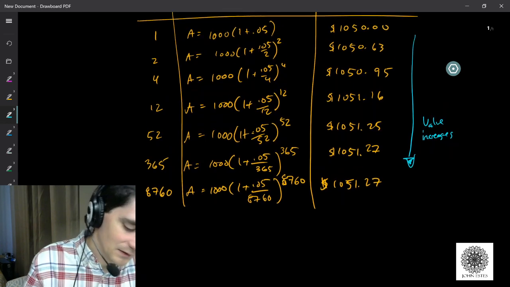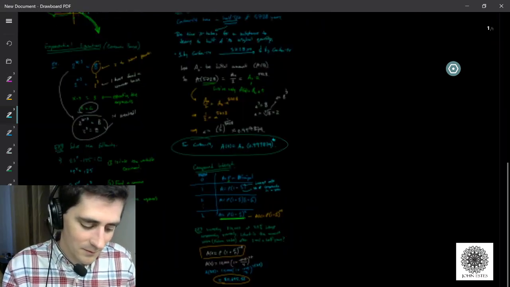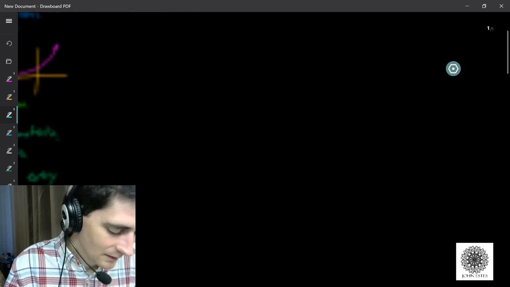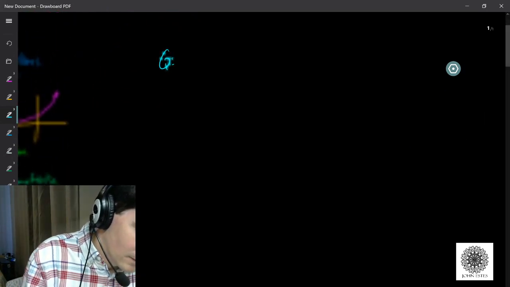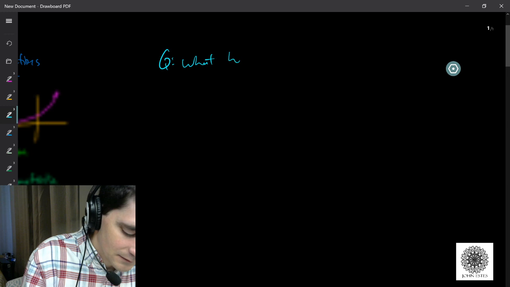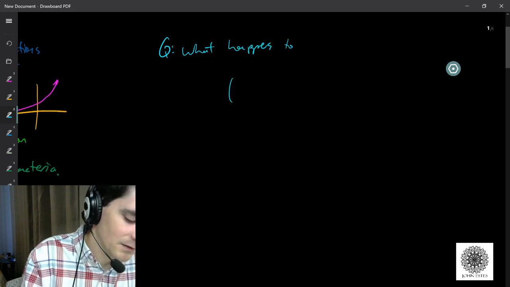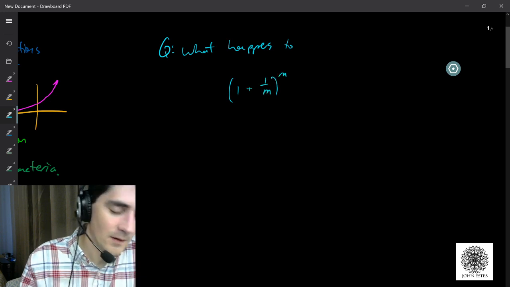So the question is, let me come over the top and write this down. Here's my question. What happens to this function? We had something kind of like this, 1 plus 1 over m to the m power, right?